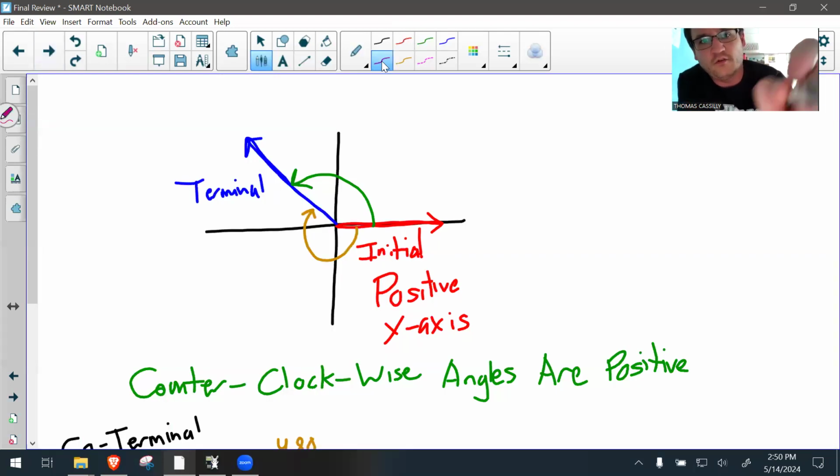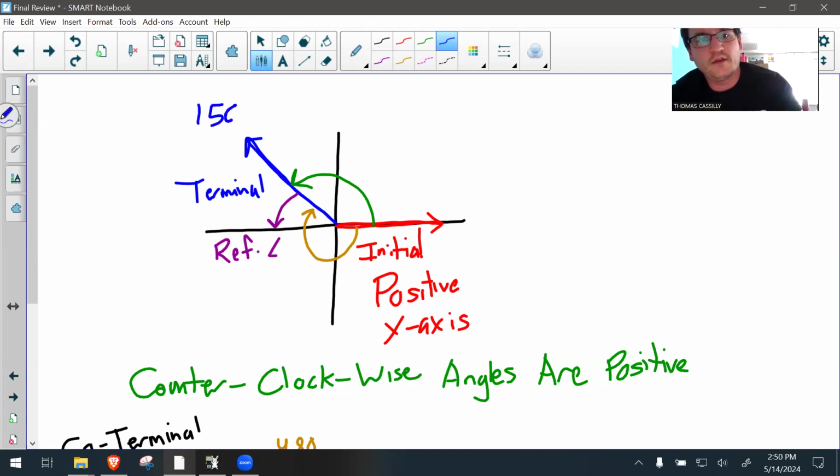The reference angle always gets us back to the x-axis. In this example, if we have a 150-degree angle right here, we have to think what's going to get us to the x-axis. The reference angle here is 30 degrees because we know the x-axis on the negative side is 180 degrees.